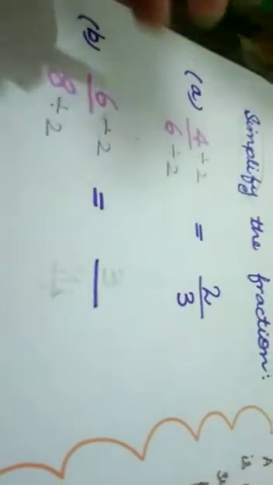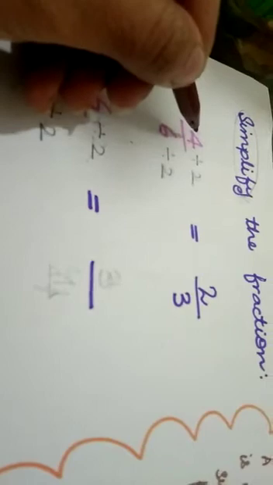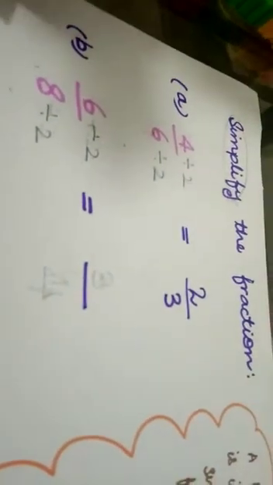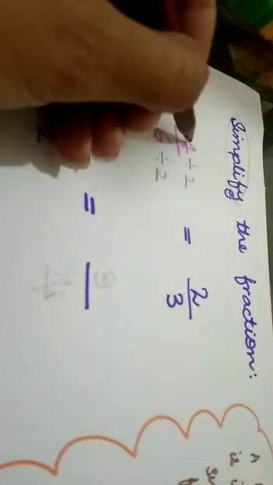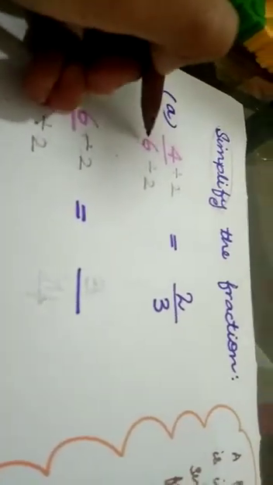Simplification means that you are bringing the fraction to its simplest form, meaning the numerator and denominator cannot be divided further, right? For example, if the number given is 4 by 6, then how do we bring it into its simplest form, right? For 4 by 6, you have to find in which number's table both of these come, right?